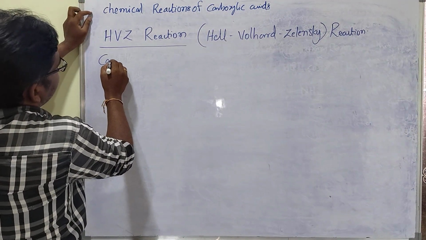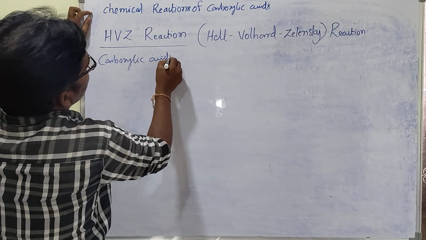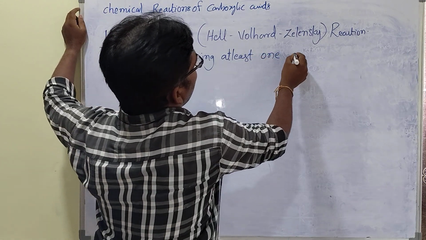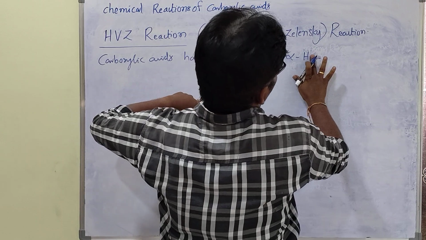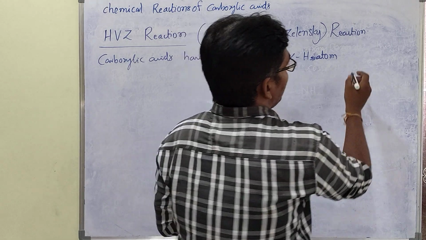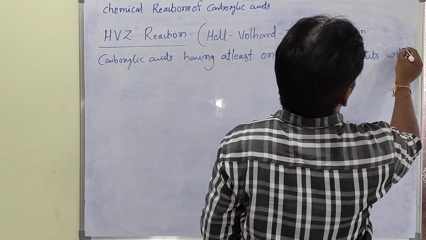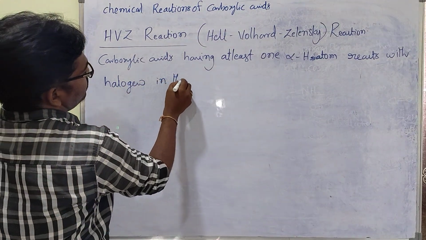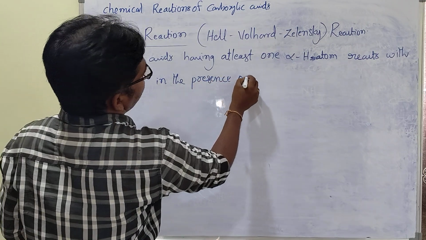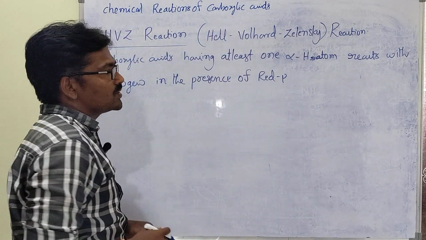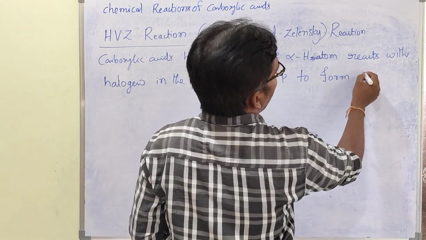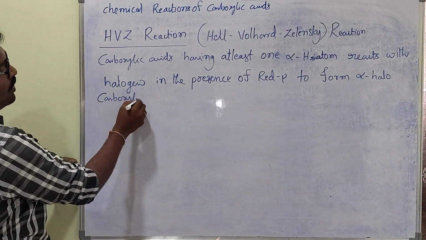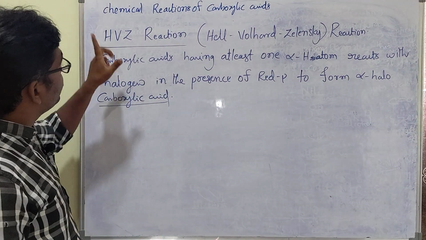Carboxylic acids having at least one alpha hydrogen atom react with a halogen in the presence of red phosphorus to form alpha halo carboxylic acids. Alpha halo carboxylic acid. This is the HVZ reaction.